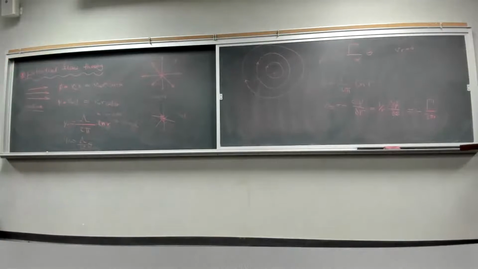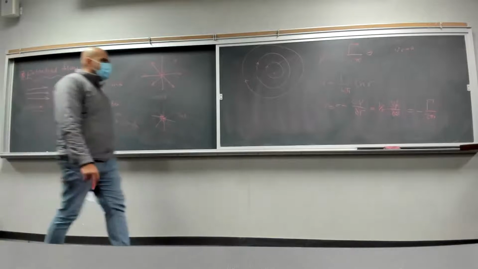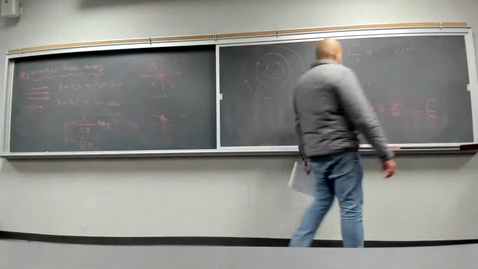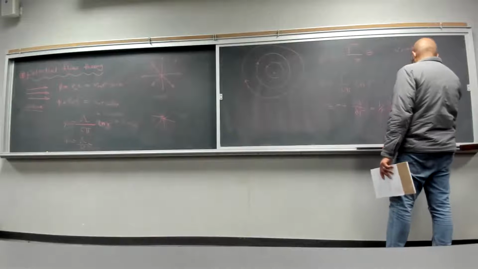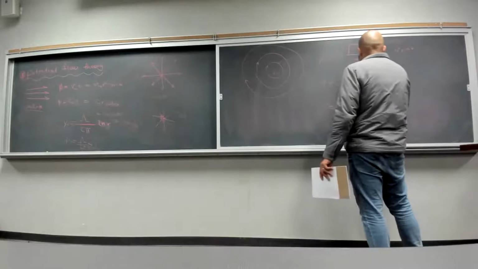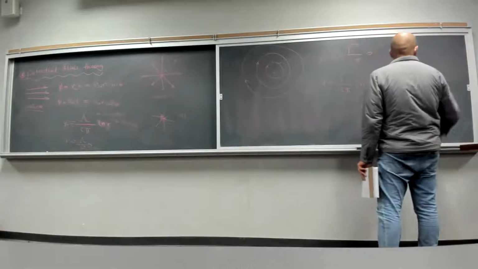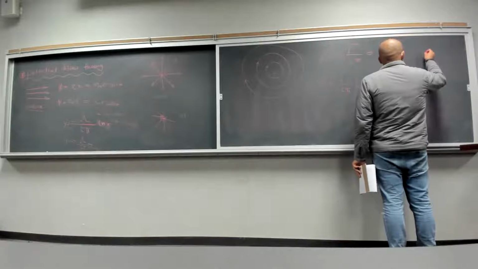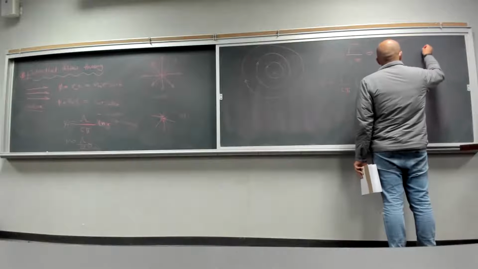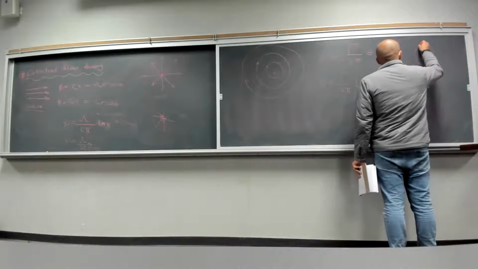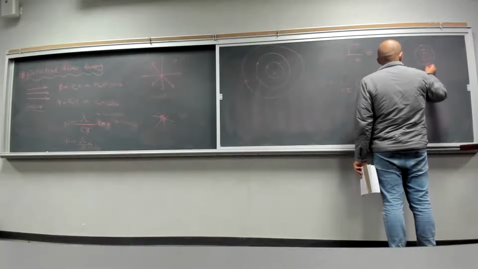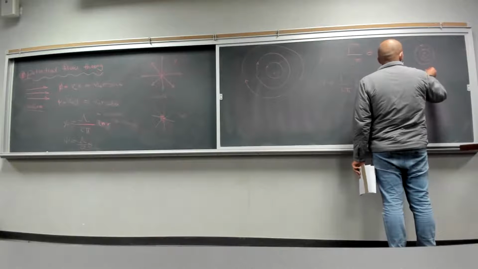Okay? There is only one more elementary flow, and that is called the doublet flow. It's going to look like essentially a combination of two vortexes.